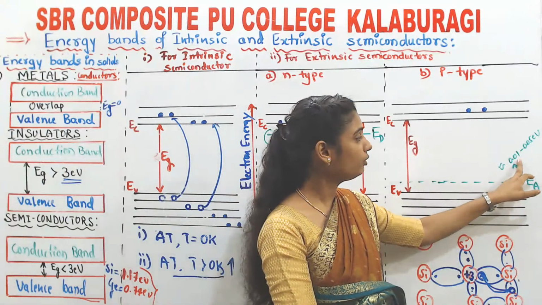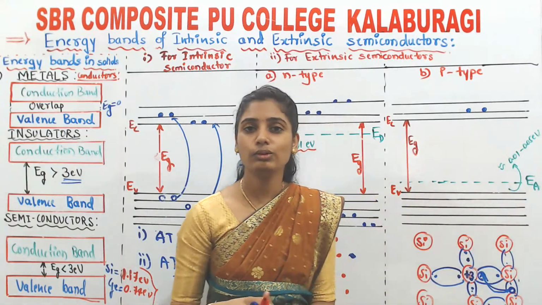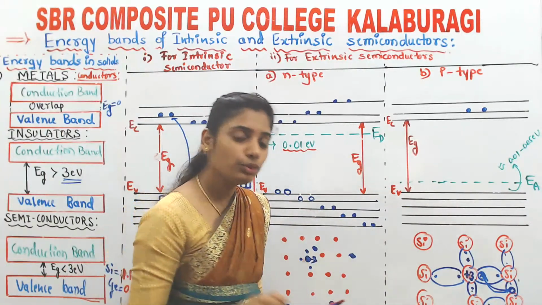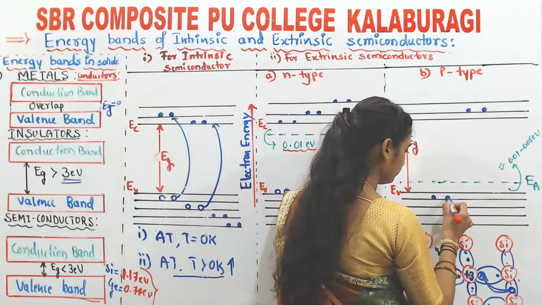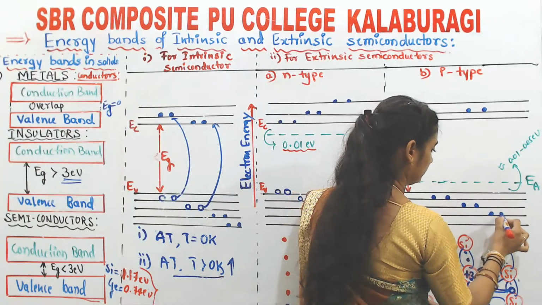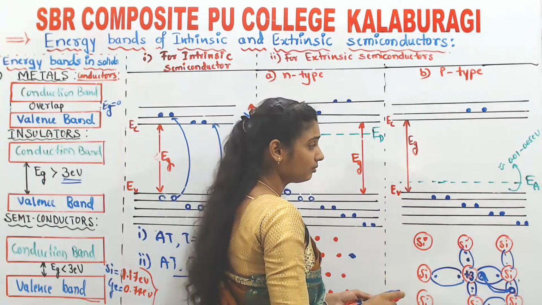Here, if we are able to give an energy of 0.01 to 0.05 electron volts, at that time the valence electron can easily jump to the acceptor levels. So let me draw the valence electrons here. So here what happens?